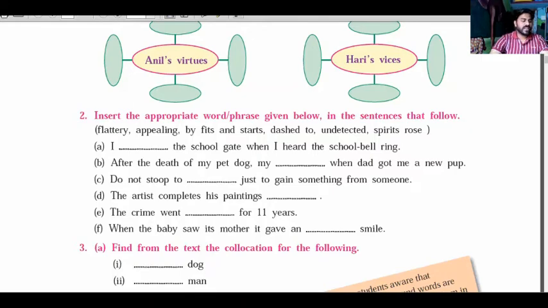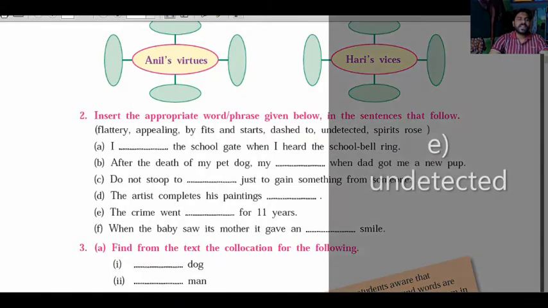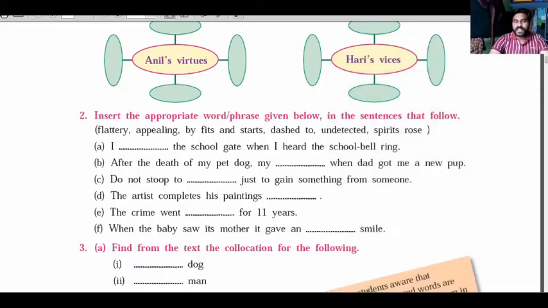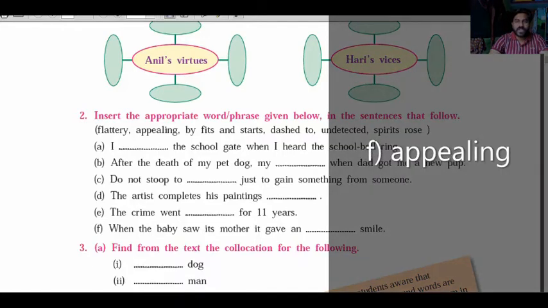So there we can write undetected. The crime went undetected. Then F, when the baby saw its mother, it gave an dash dash smile, appealing smile. You put there the word appealing.